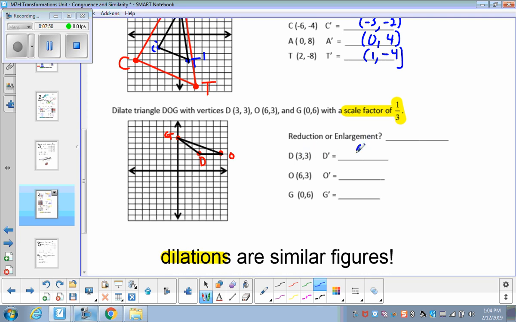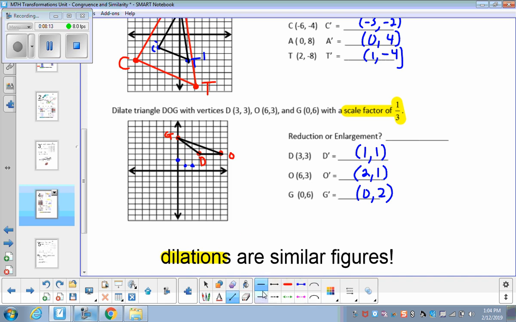So 3 divided by 3 is going to be 1, and then a 1. 6 divided by 3 is 2, and then 3 divided by 3 is 1. 0 divided by 3 is 0, and 6 divided by 3 is 2. And now we can go plot over 1 up 1, over 2 up 1, and 0, 2.